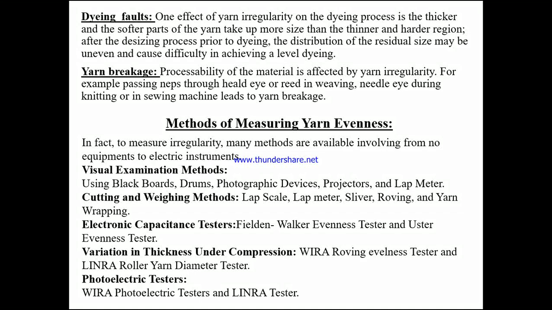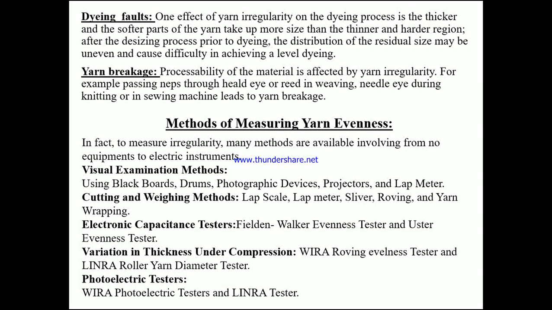Then the next point is the electronic capacitance tester. Here a capacitor is used in the instrument. In the capacitor there are two parallel plates with a dielectric medium between them. When there is no yarn between the two parallel plates, the capacitor shows some capacitance value.